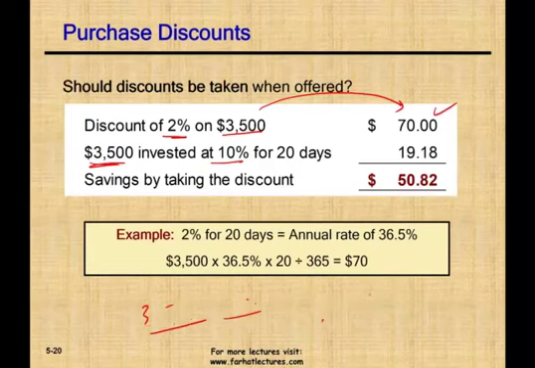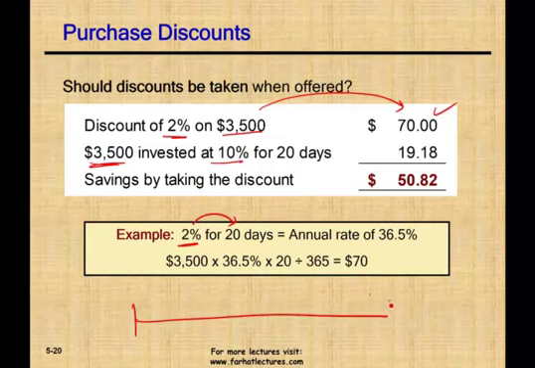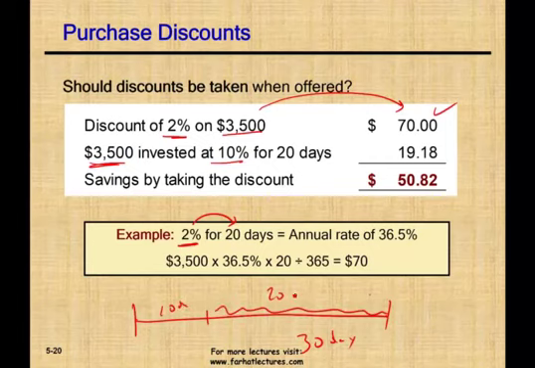Now to know exactly how much you are earning, let's think about it. You are earning 2% for 20 days. Why 20 days? You have 30 days to pay, and you paid within the first 10 days. So by paying 20 days earlier, you saved yourself 2%.